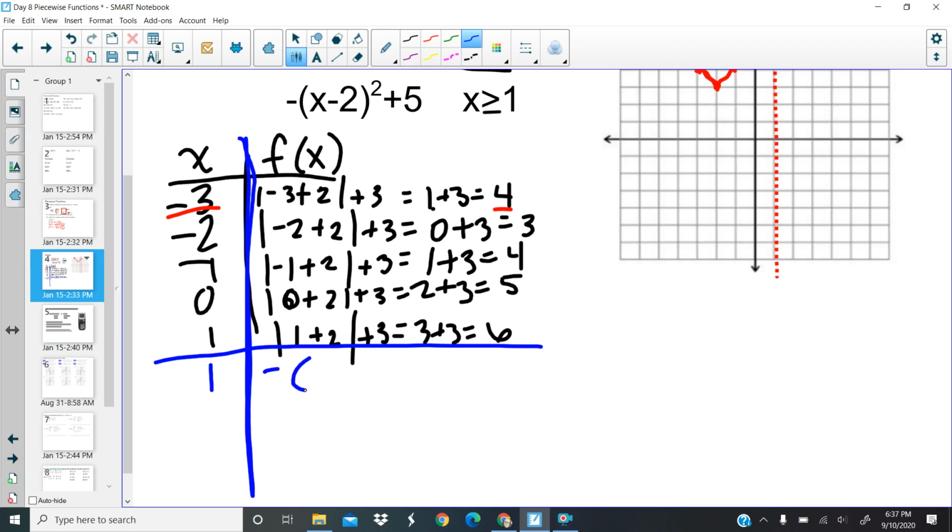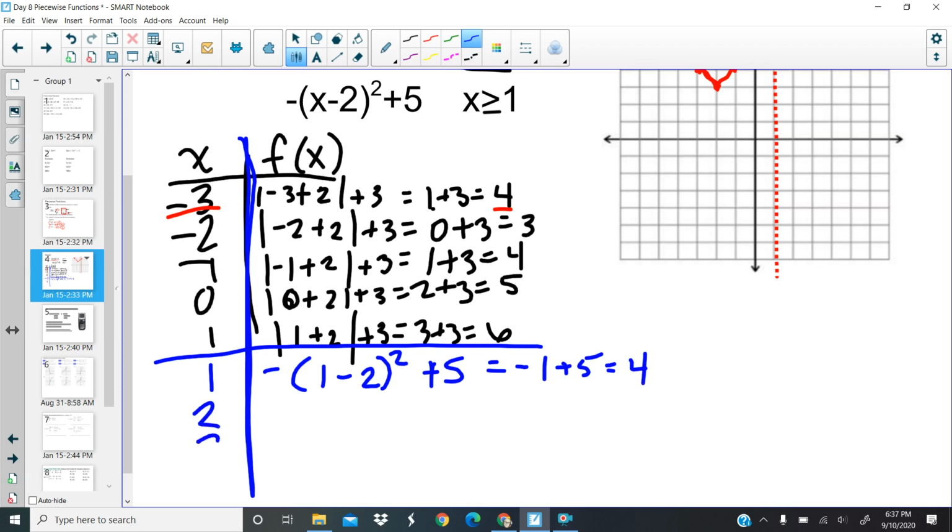So I would have negative 1 minus 2 squared plus 5. So then 1 minus 2 is going to be negative 1, squared is going to be positive 1, but then there's a negative out front, so it would just be negative again. So negative 1 plus 5 is going to equal 4.